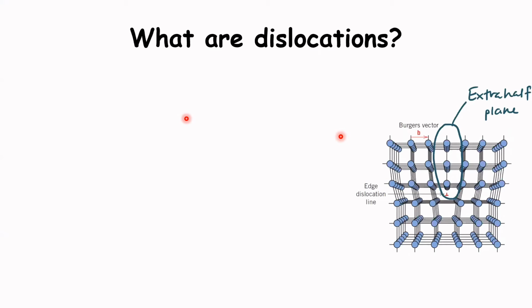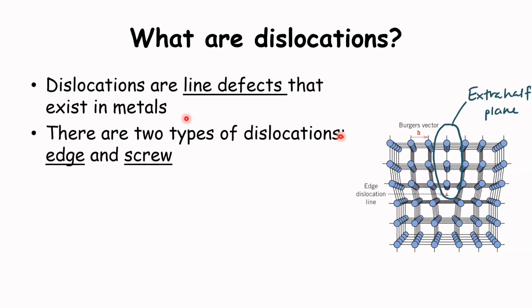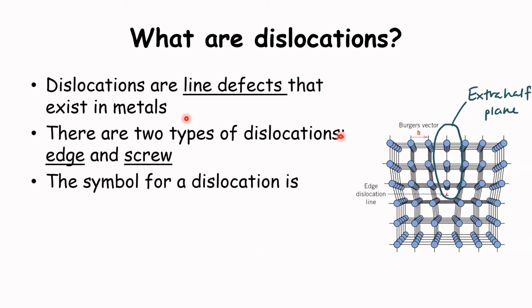So a dislocation, we can define it as a line defect that exists in metals, and there are two types of dislocation: edge and screw dislocation. The symbol for dislocation is like a T upside down, and the dislocation density in annealed metals is normally equal to 10 to the power of 6 per centimeter squared.